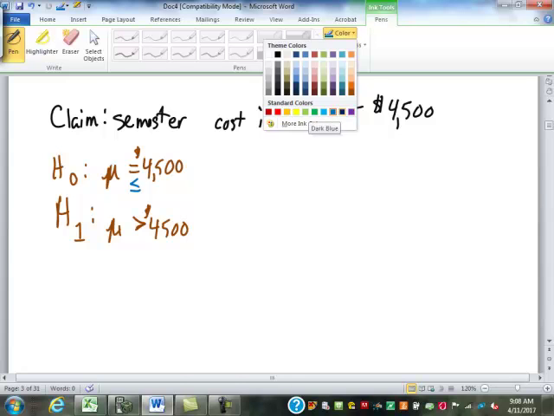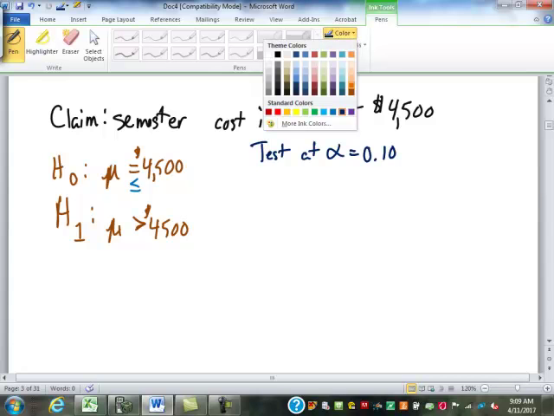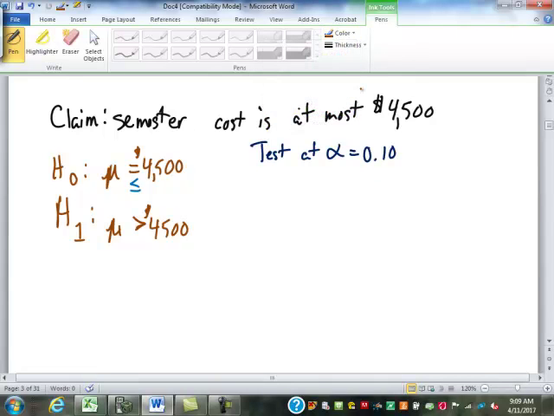So we need to know some things. First of all, we want to test at alpha equals 0.10. So we're changing our level of significance again. And that's it.